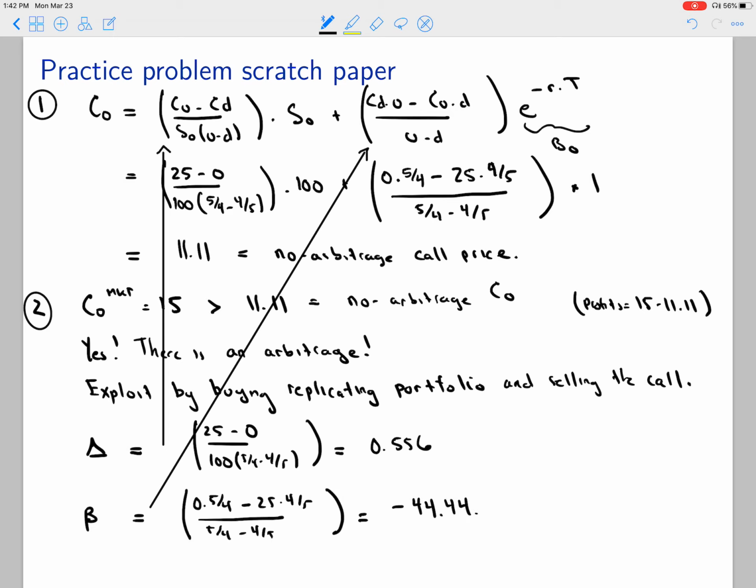So what the replicating portfolio is going to do, you're going to short the call option in the market. You're going to go out and buy about half a share of Zoom, and you're going to sell 44 shares of these bonds. Okay, this portfolio combined with the call option will have 0 payoff, but it'll generate positive profits and arbitrage.